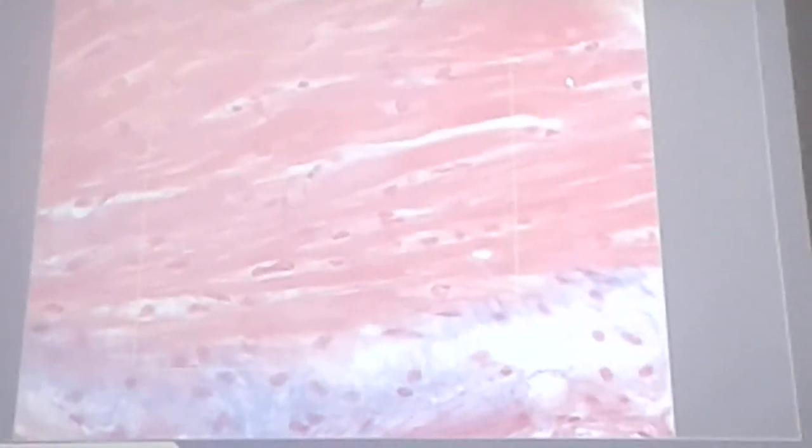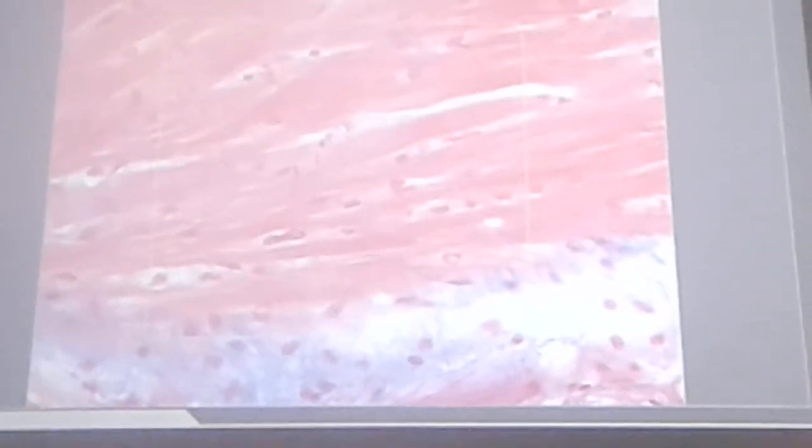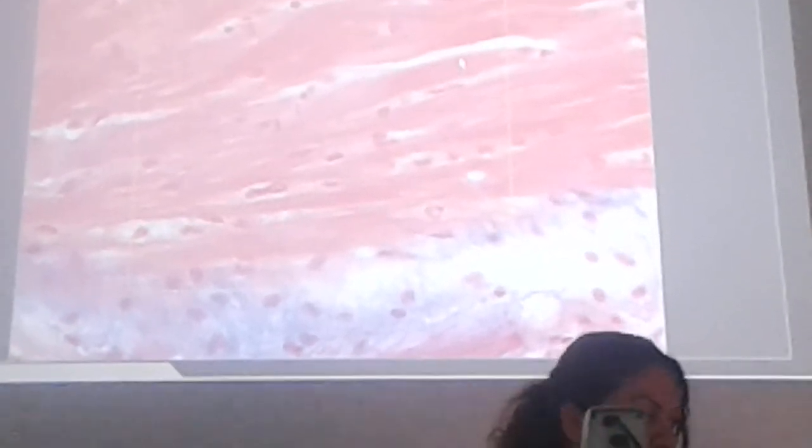And as you have learned in your theory lectures, these are the sites where two adjacent cardiac muscle cells join together. Okay? In between the cardiac muscle cells, you can also see some connective tissue components.